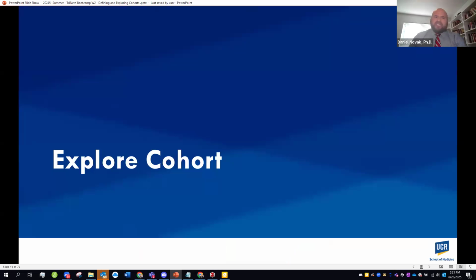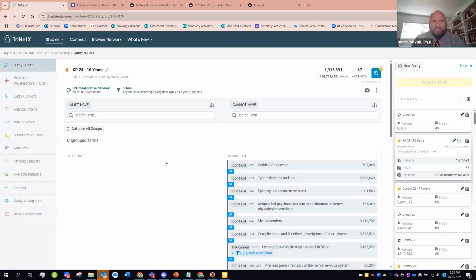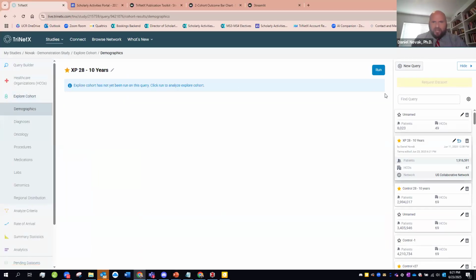Okay, so that's the main process of building cohorts using all the various cohort features that are in there. I also want to point out to you a function called the explore cohort component. It's right under here. You have your query builder up here and your explore cohort function down here.